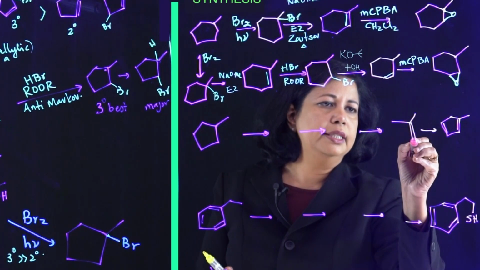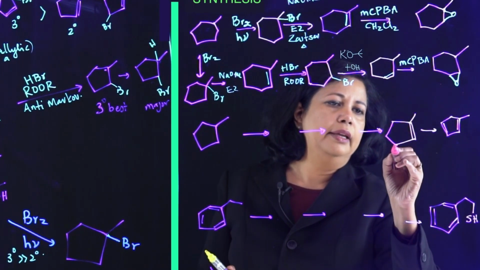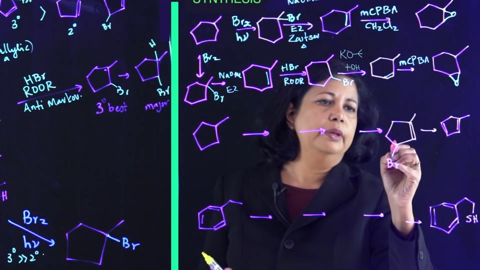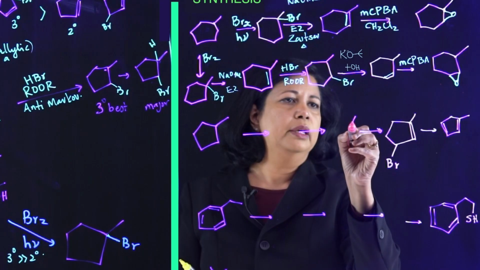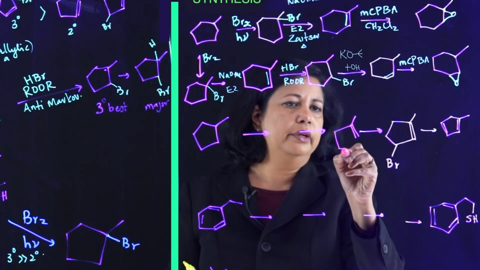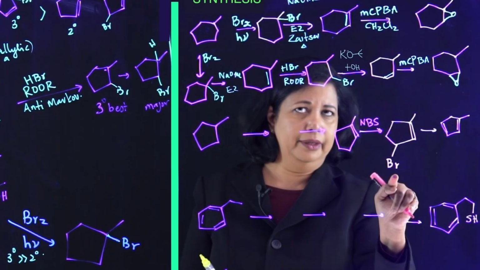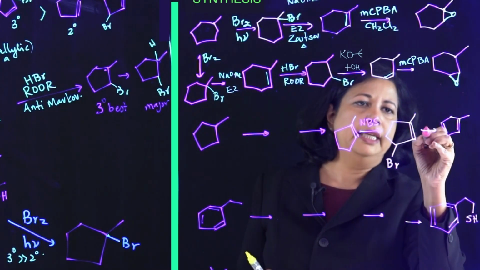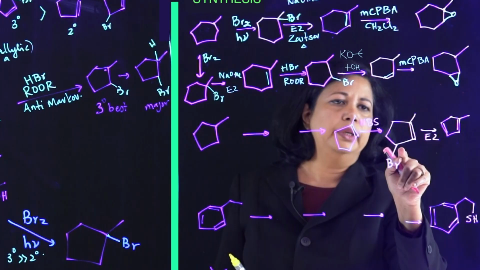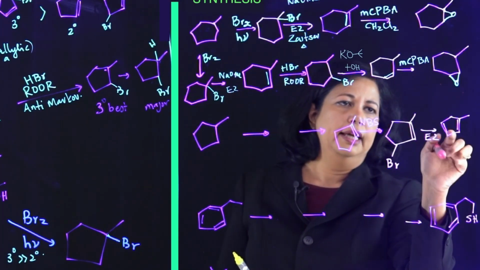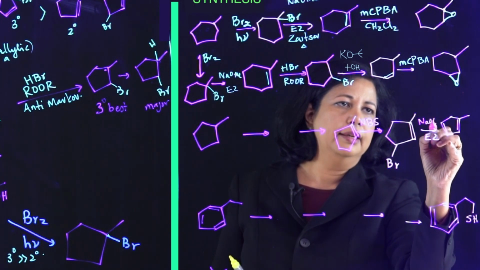So we have this and we can put a bromine here because it's NBS. So to do that, we can make an alkene here and put an NBS here and put a bromine here. All right, then we do an E2 here, and you don't need a big bulky base. You can just do a sodium methoxide and you can go do this.